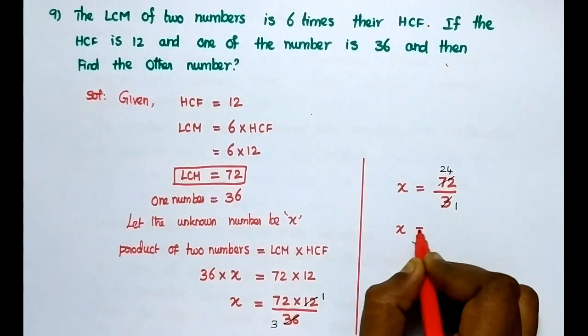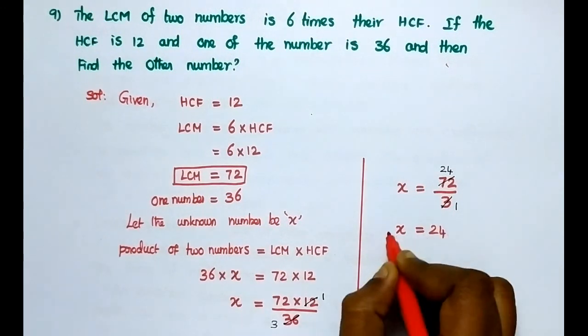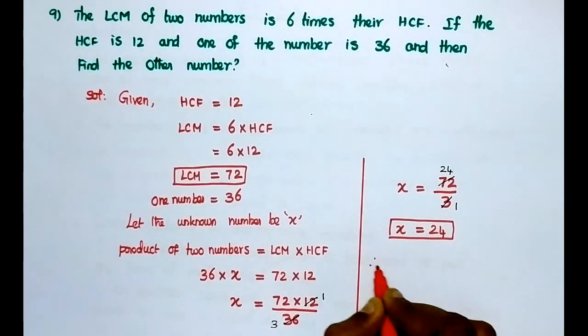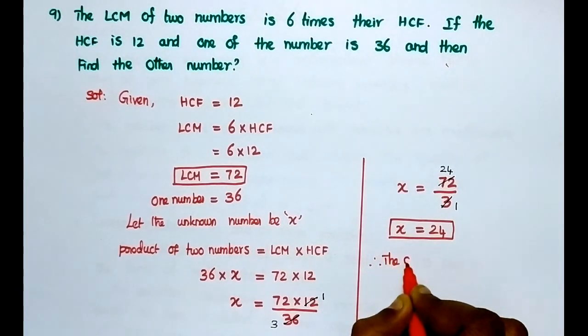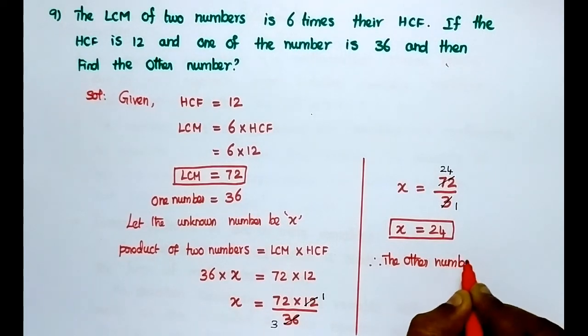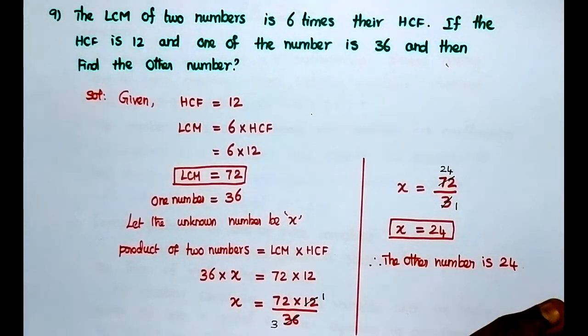So x equal to 24. Therefore, the other number is 24. That is the answer.